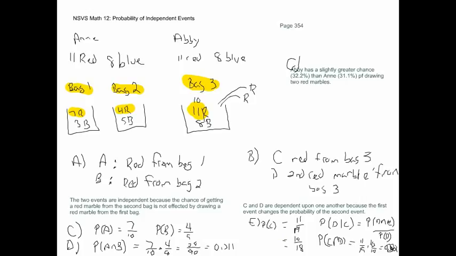No, this formula would not work for Anne because the probability of B has nothing to do with the probability of A. So B is completely independent of A. For any independent events, the probability of A and B is equal to the probability of A times the probability of B, as long as the 2 events are independent of each other.